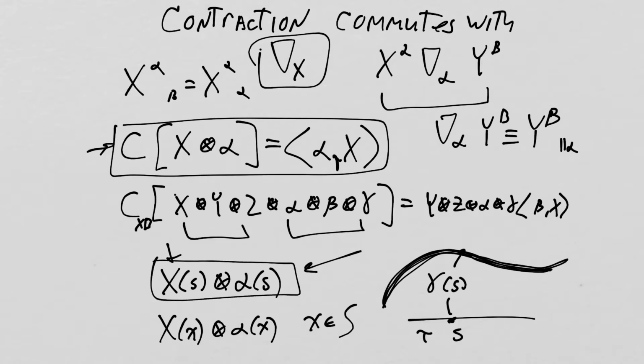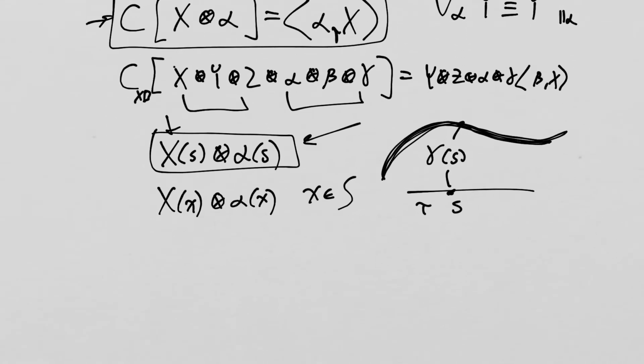Now if I want to know the parallel propagated tensor relative to that field, I would write omega inverse s of x tensor product alpha, evaluated at gamma sub s. Let's see how our notation works.